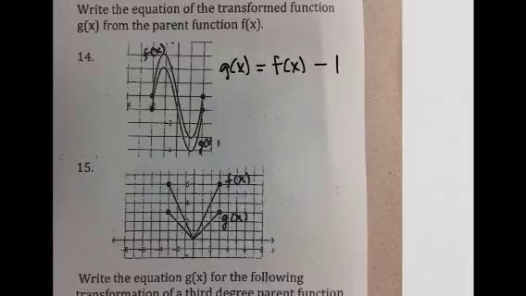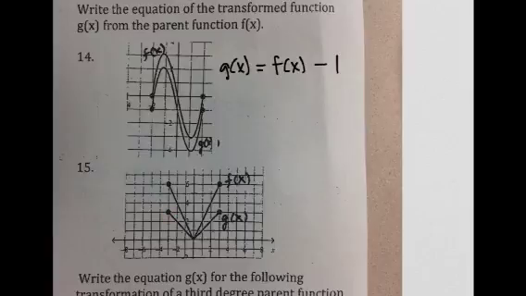For 15, notice how the vertex stayed where it is, in the same spot, but this graph, the original, the taller one, got shrunk, right? It went down. So this used to be at 3.6, now it's at 3.3.